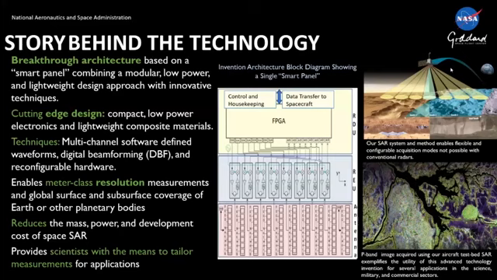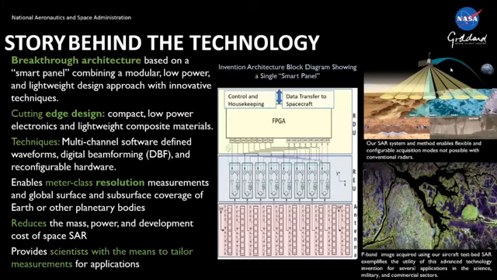So the idea is that you can fly this panel, and if you look over here on the right, you see a spacecraft, actually it's over Mars and the Moon at the same time, but it's just for illustration, of course. And the idea is that this thing can take multi-beam measurements. You can point multiple beams and acquire that data simultaneously.